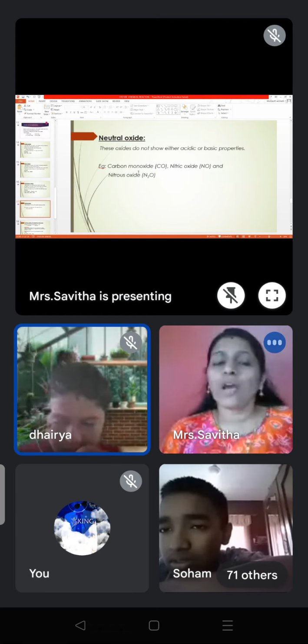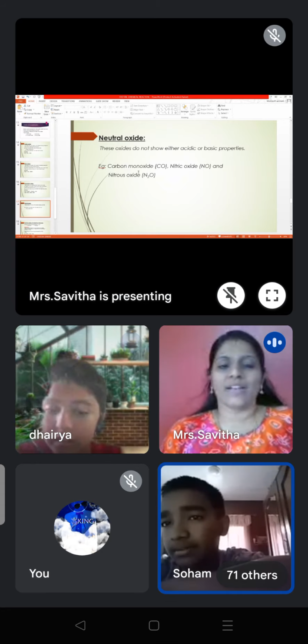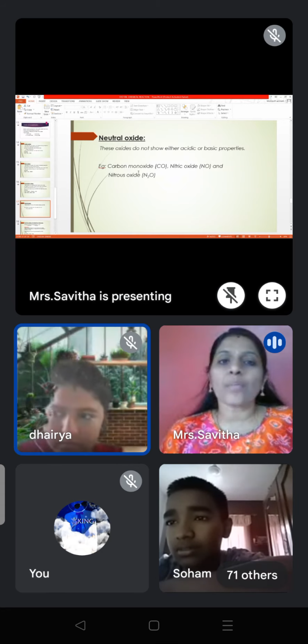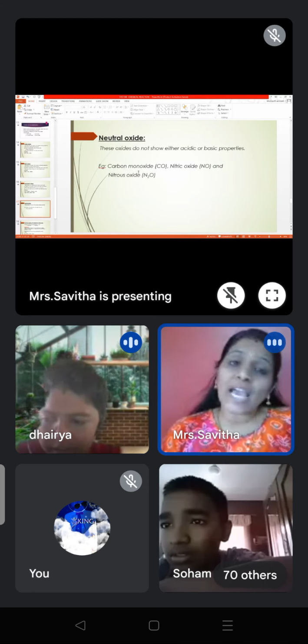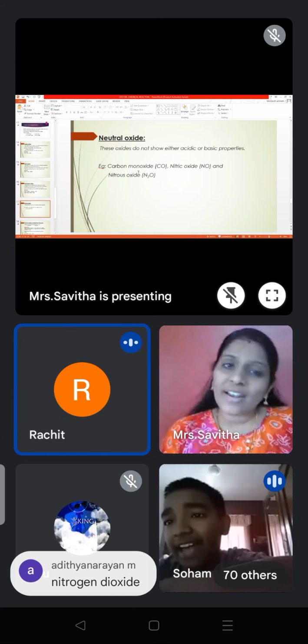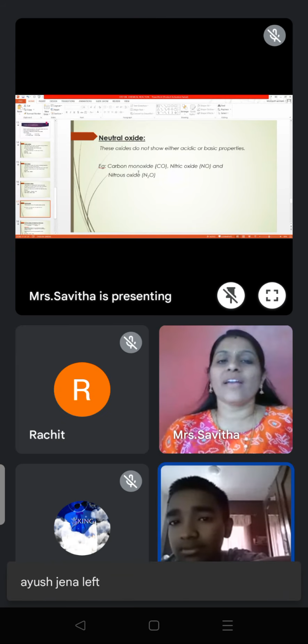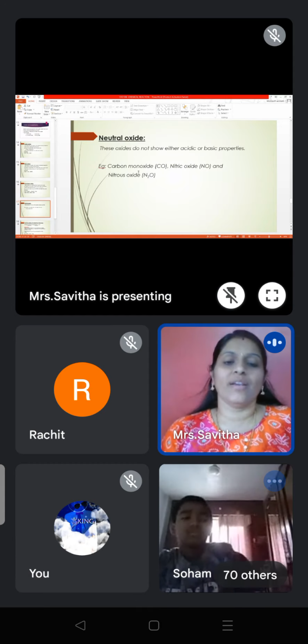Sulfur dioxide. So NO2 will be nitrogen dioxide.